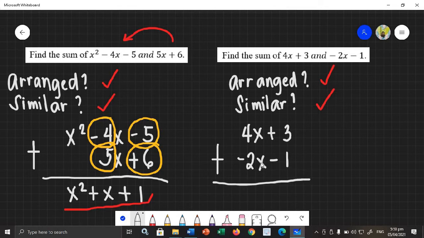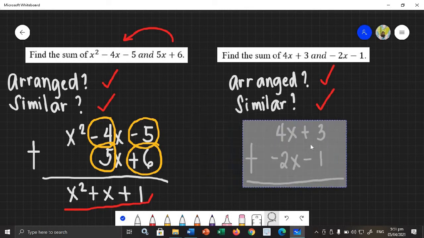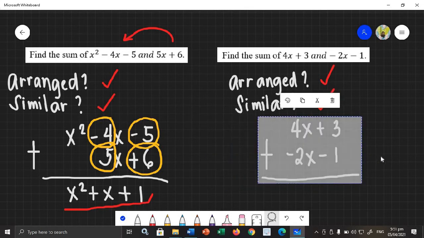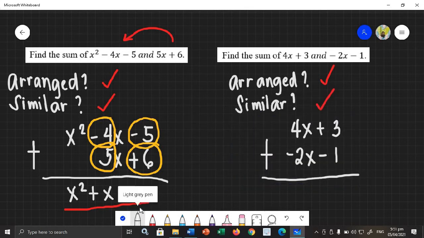Okay? Make sure na magkakatapat yung may similar na terms or yung may similar na literal coefficients. So we have 4x plus negative 2x, or basically, doon na lang kayo tumingin sa numerical coefficient kasi yun lang yung pag-a-add ninyo kasi kokopyahin nyo lang naman yung literal coefficient niyan. So 4 plus negative 2, the answer is 2, and then copy natin yung literal coefficient which is x.